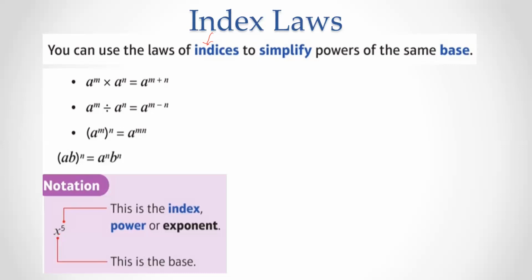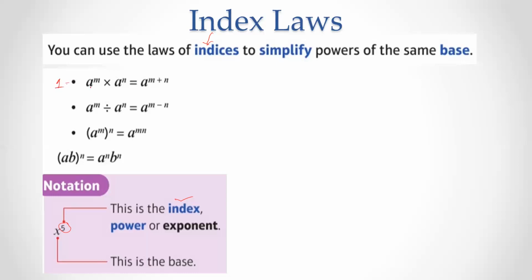So x might be the base, whereas its power, or its exponent, is also called its index. So this power here is the index. The laws of index means the laws of powers.